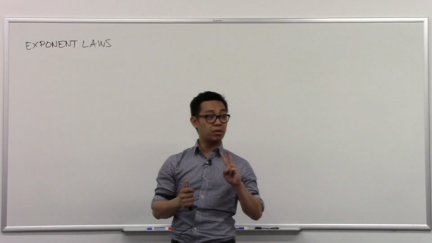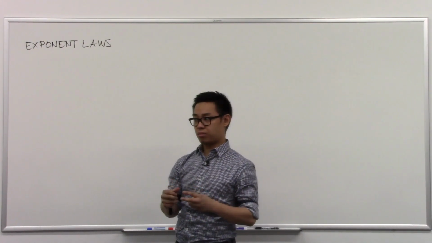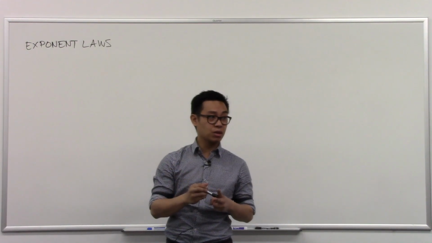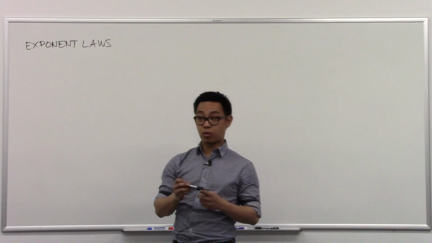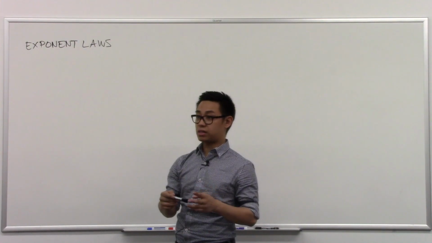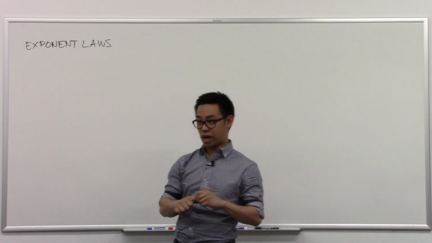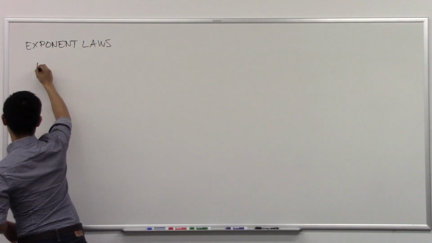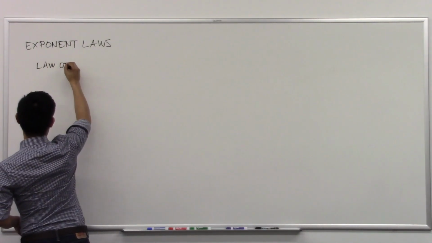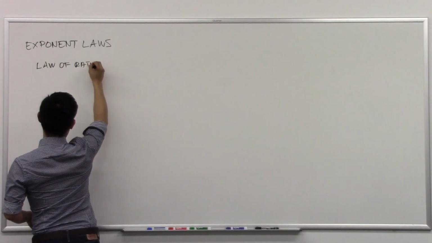We have 2 intermediate laws, so medium difficulty, which is law of products and law of quotients. Advanced is law of negative exponents. Really advanced is law of rational exponents.